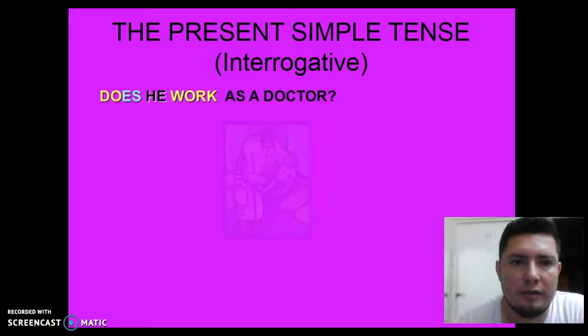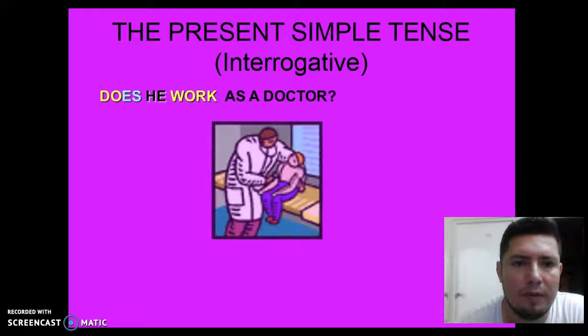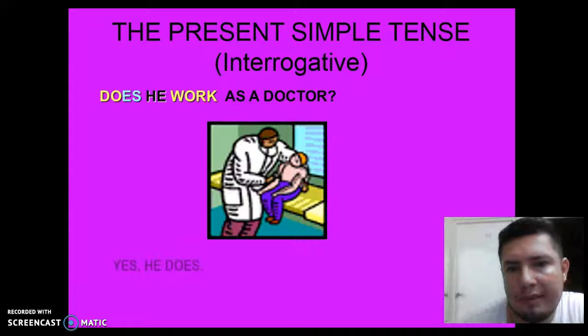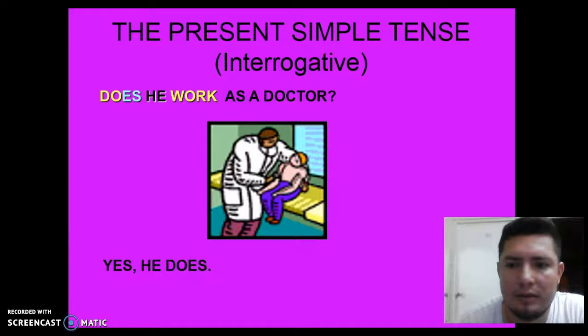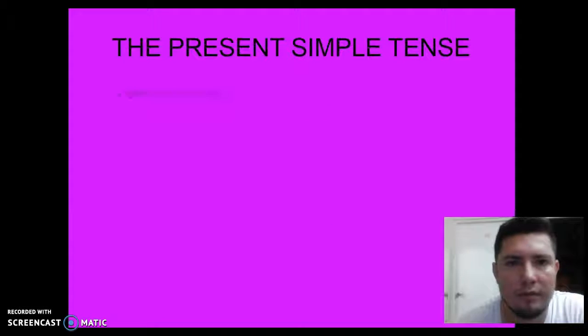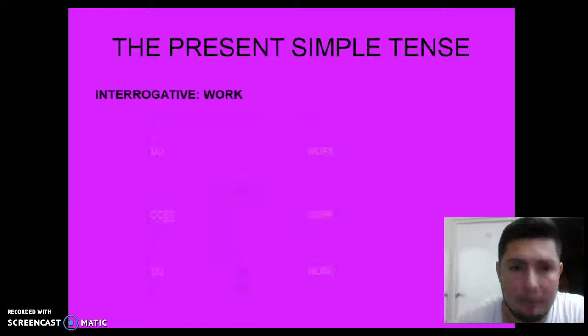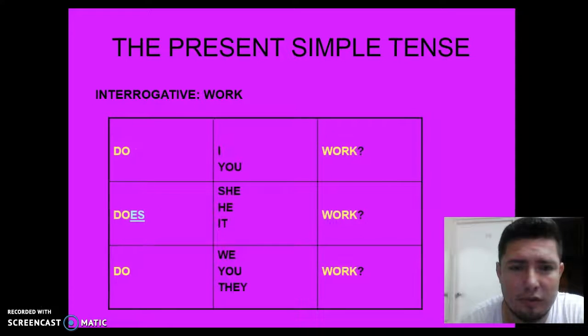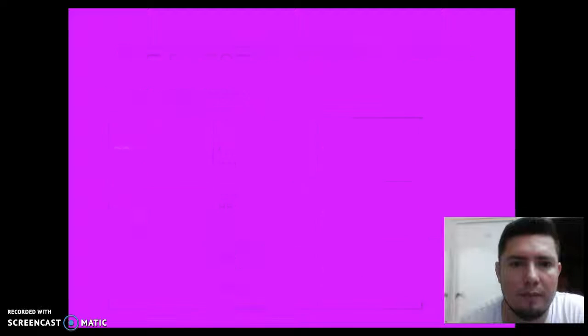Explain the interrogative structure. How would they build the sentences correctly, following the step by step, like showing this slide? And this is the interrogative form, the structure. Look at the chart, and the students will be more clarified with those examples.